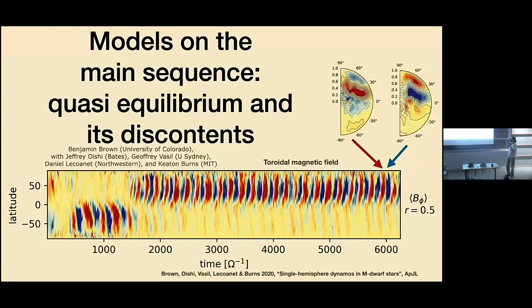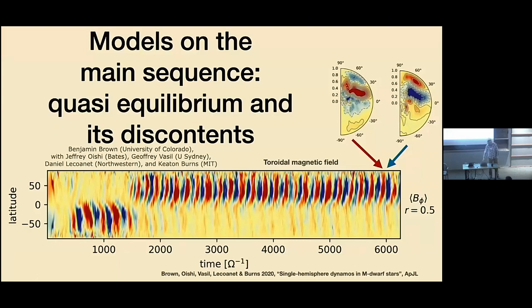I'm going to tell you a very brief bit about modeling stars on the main sequence in global geometries. These are really problems of quasi-equilibrium processes, slow processes around a background, rather than very rapid processes that are changing the background continuously all the time. So getting the background correct matters a lot. Getting the equilibrium around that background correct matters a lot.